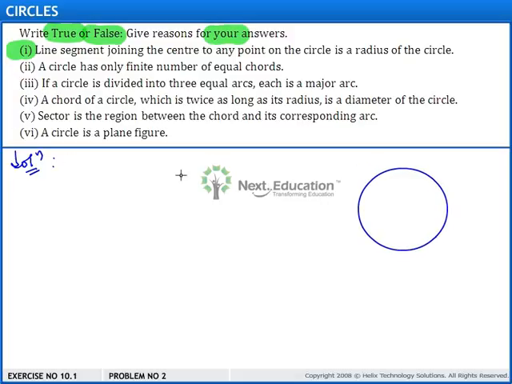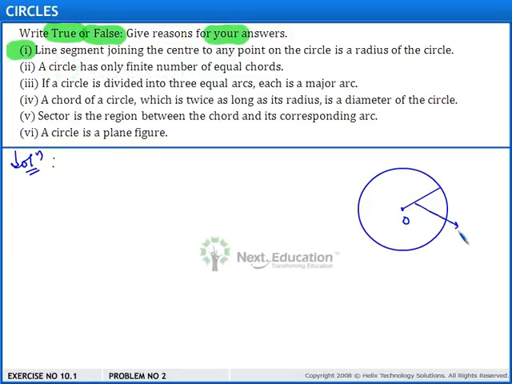Suppose this is a circle with center O, then any line segment joining the center of the circle and any point on the circle, we know that this is called the radius.